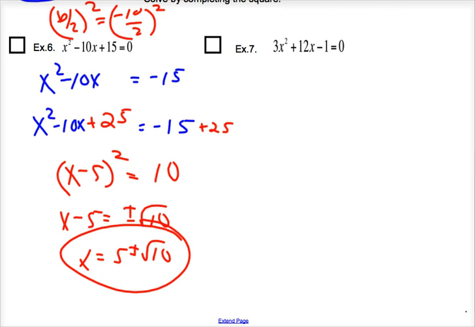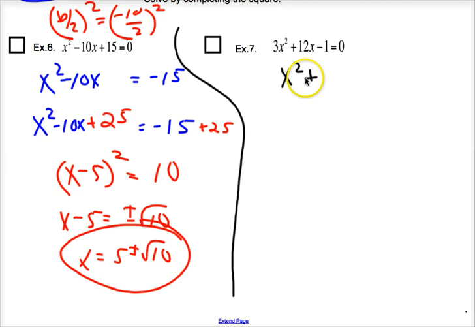What if you don't have a plain old x squared? What if you've got a 3x squared? If you have a 3x squared, what you need to do is divide all terms by that 3. You want to make it an x squared, so it'll look like this, x squared plus 4x minus 1/3 equals 0. x squared plus 4x.